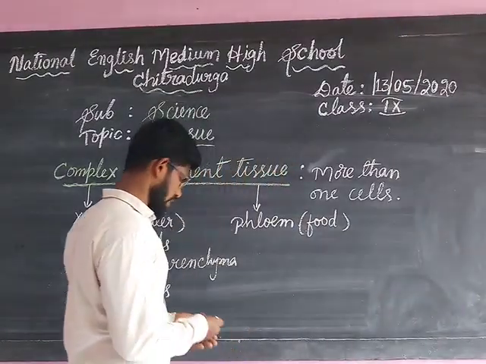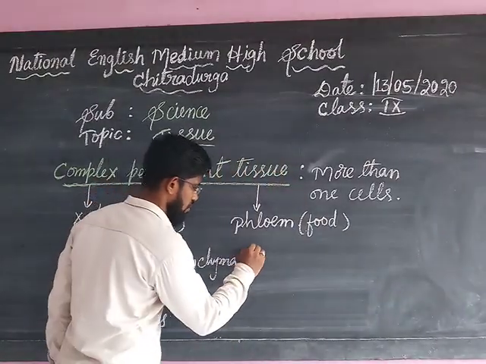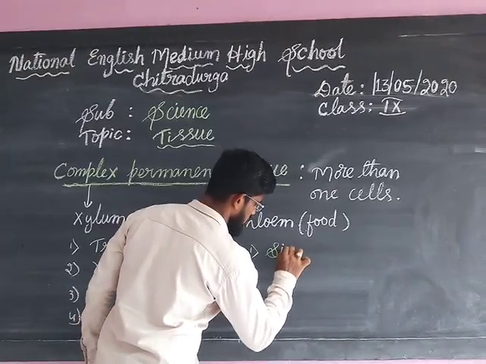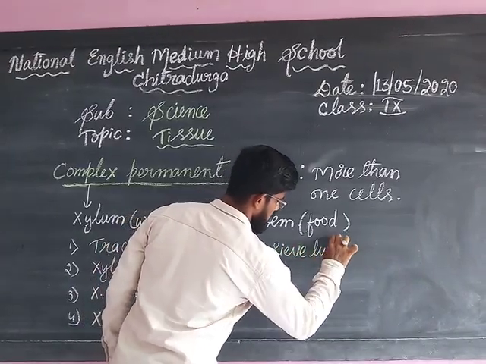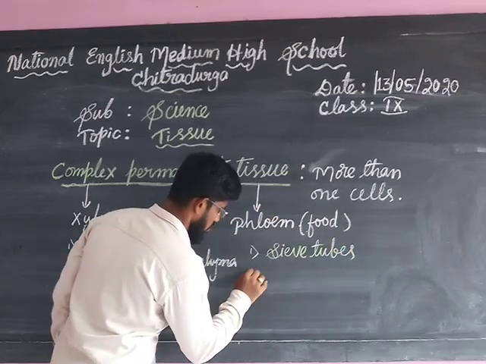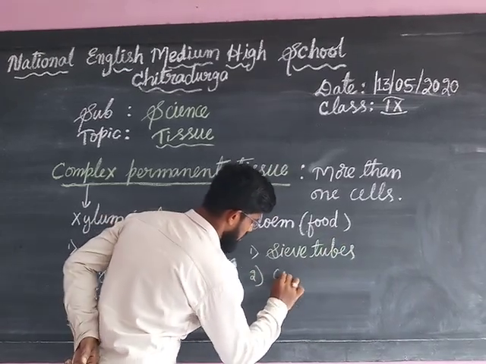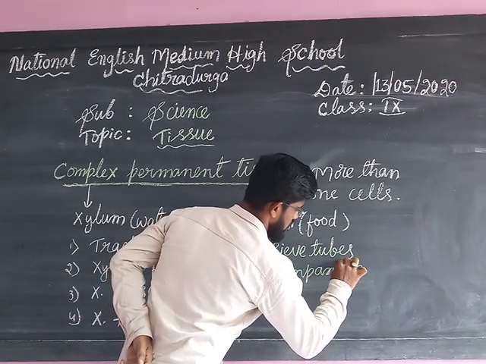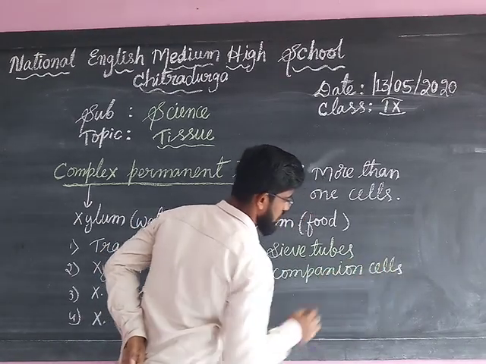Coming to the phloem, the phloem also has 4 different types of cells. First is sieve tubes, then companion cells.